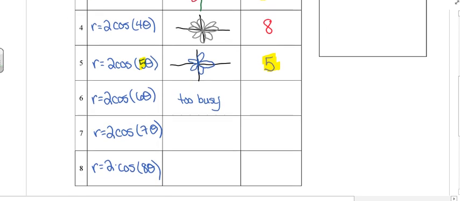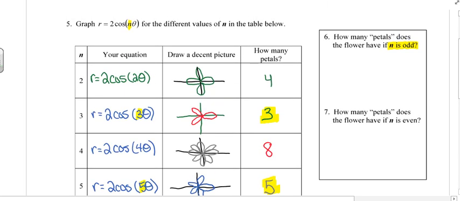So if n were to be 7, we would end up with 7 petals. Notice that when n is even, the number of petals is always twice n. So 2 times n petals if n is even, n petals when n is odd.